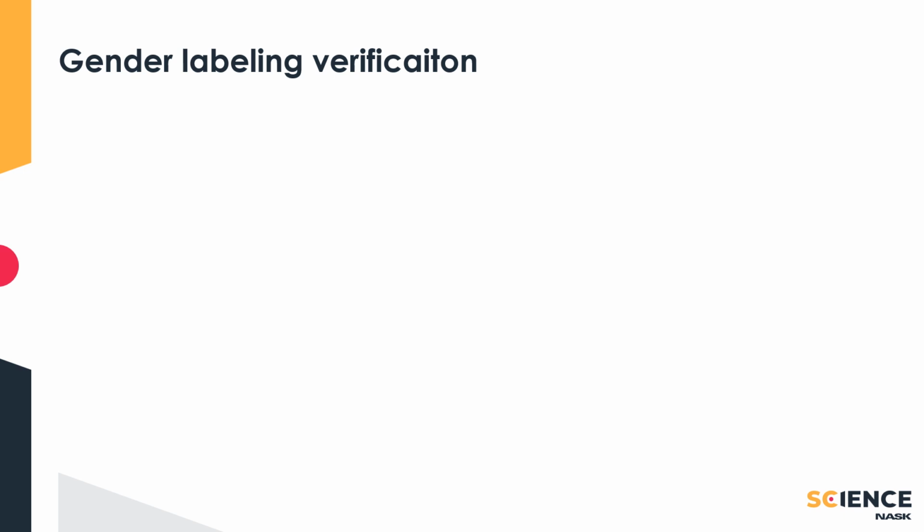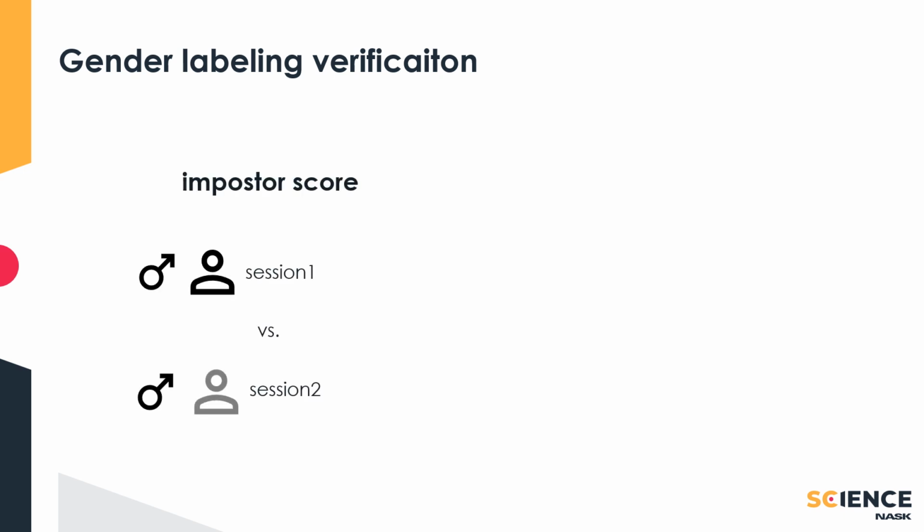To identify incorrect gender labels, we analyzed no cross-gender verification results. For each speaker, a representative recording was selected and biometrically verified against representative recordings of other speakers within the same labeled gender. We then calculated the average comparison result for each speaker with their same gender counterparts. Outliers with the lowest mean comparison values underwent listening analysis for verification.